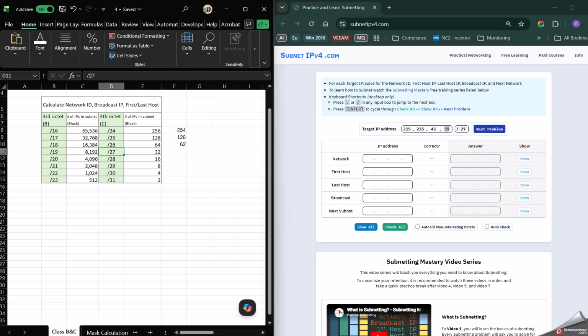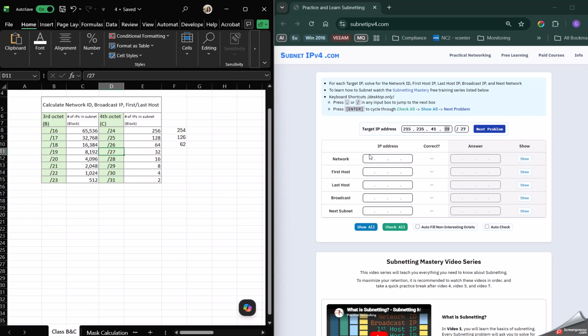Okay, let's do an example. So we're going to look at this example here, and this is where I trained, and all the people that I know, and I've searched online, and I could read the reviews and whatnot. A lot of them used this site. I love it, and it's free.